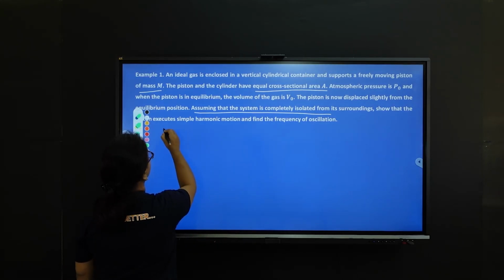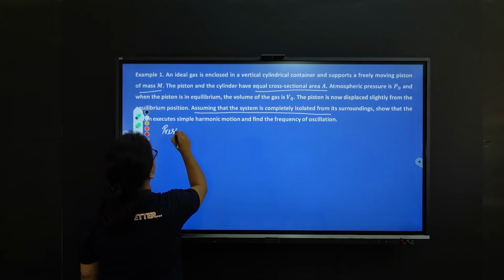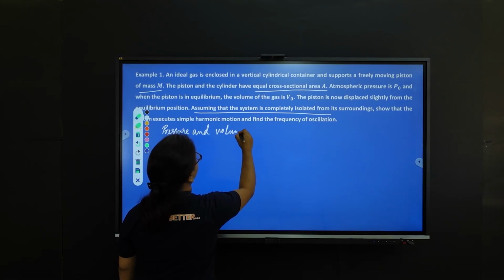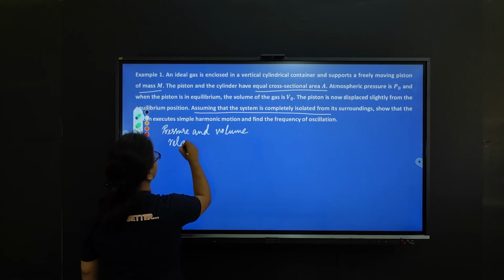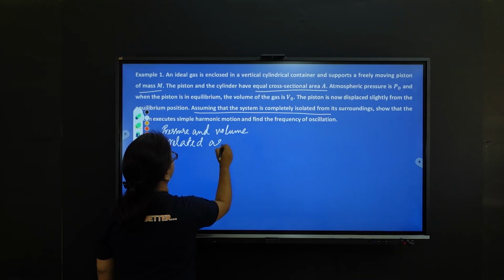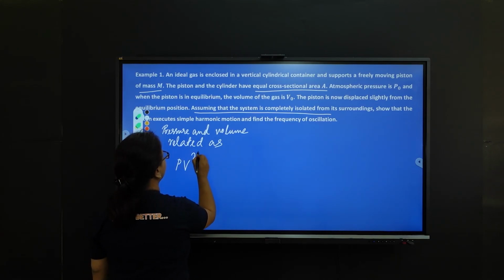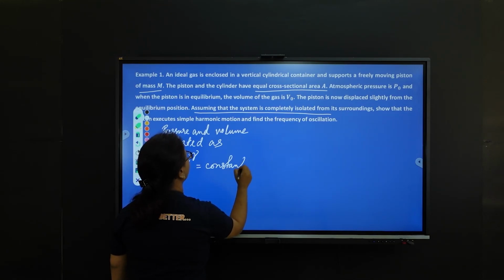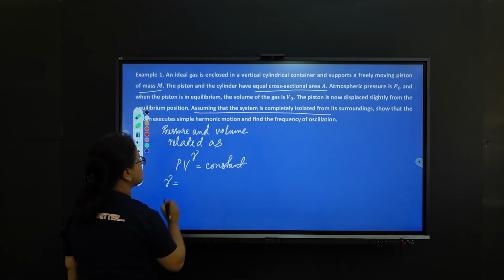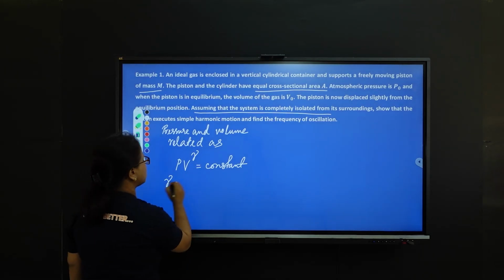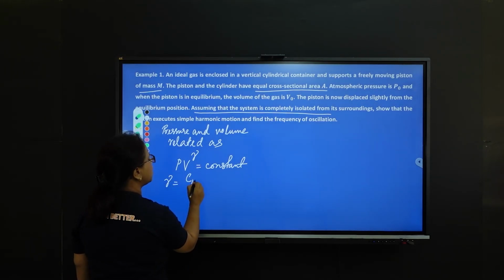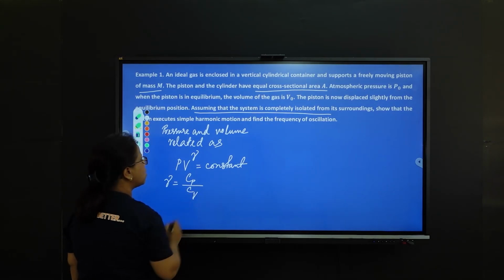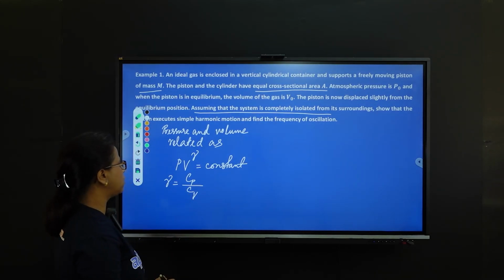We have the pressure and volume related as PV to the power gamma is a constant. Now, here gamma is the ratio of the specific heats. It is nothing but the specific heat at constant pressure to the specific heat at constant volume. So, this is gamma.